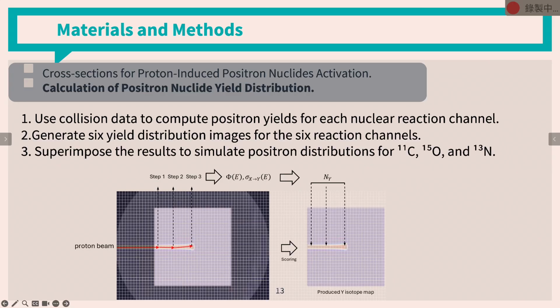It's just that you pile up the image results. It just wants to say that we can simulate the positron distribution from the MC² software. Okay, thank you.